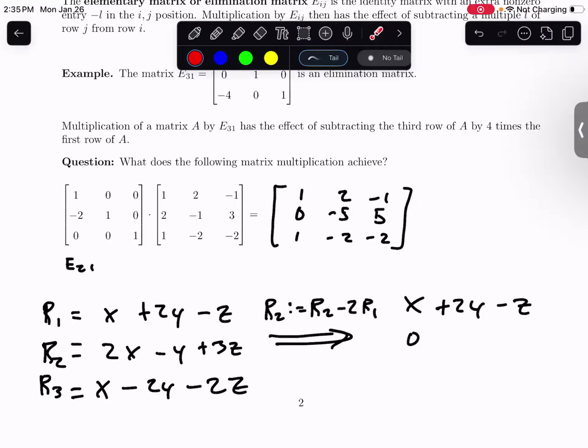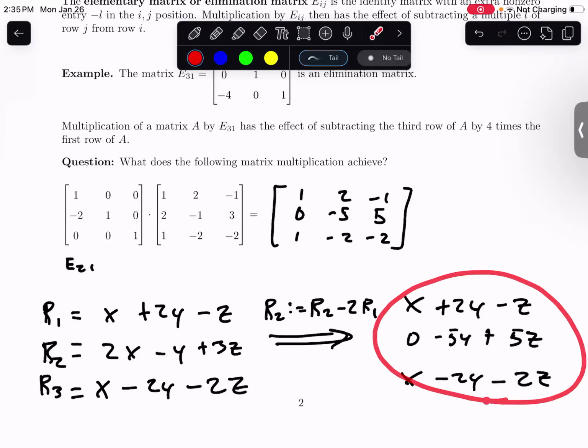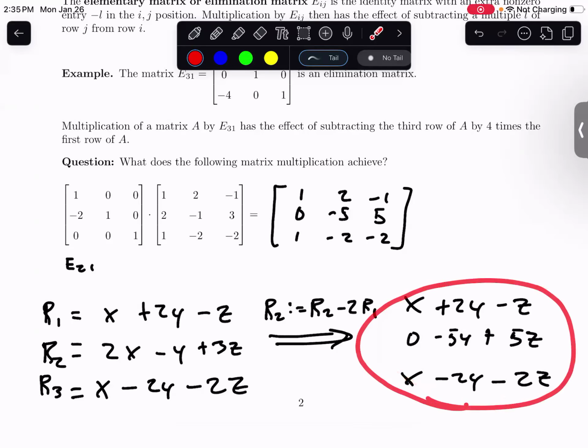You would be doing minus y minus 2 times y, which would give you a minus 5y. And then you would be doing 3 minus 2 times minus 2z, which would give you plus 5z. And then this would be x minus 2y minus 2z. So if you read off the coefficients of x, y, and z here, you see it's exactly the same as the matrix that we just found via the multiplication.